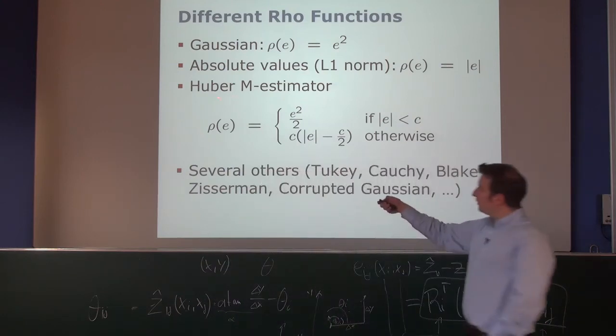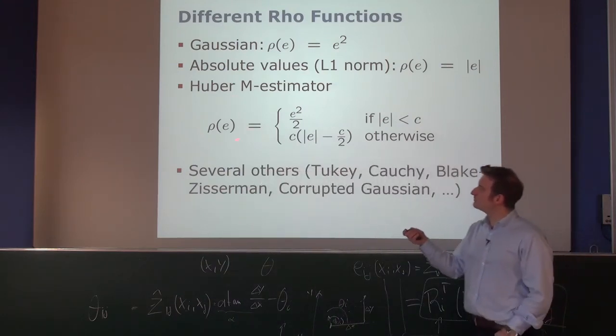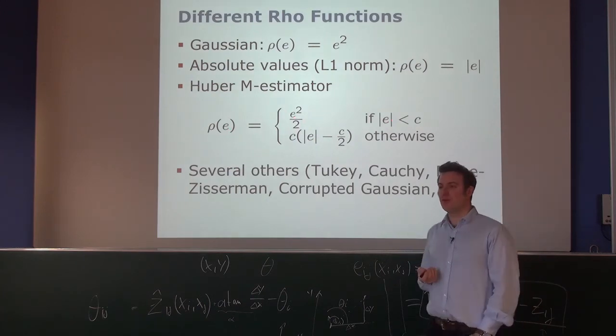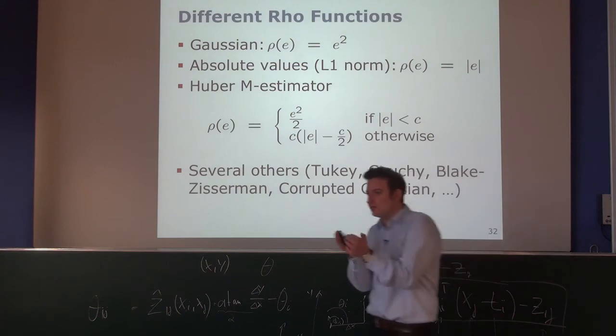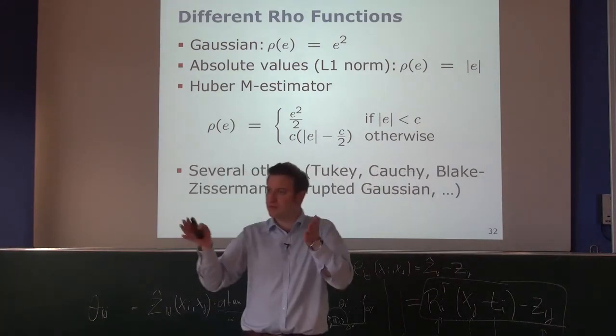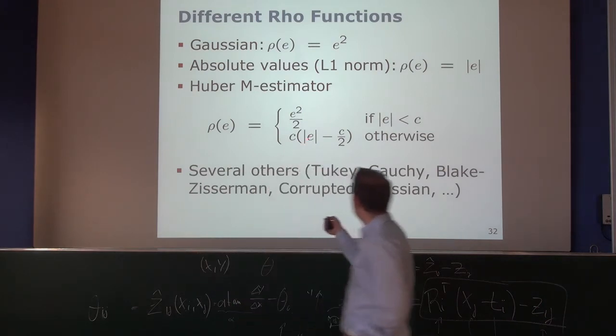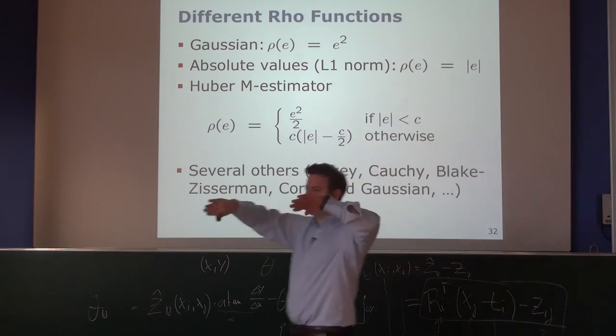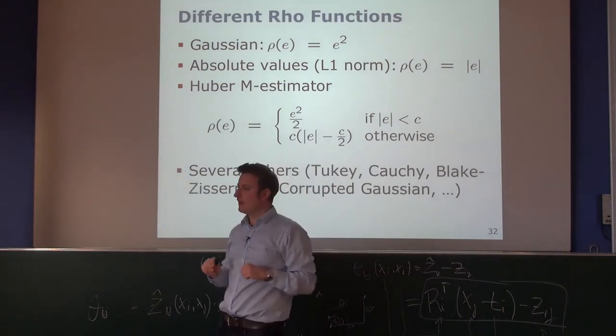You could also use a so-called Huber M estimator. Then the function is a parabola if the error is small, so around the minimum error configuration it's a parabola, but outside it's just a linear function. So you have the parabola in the middle and then a linear function outside that.